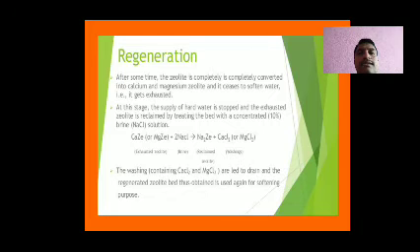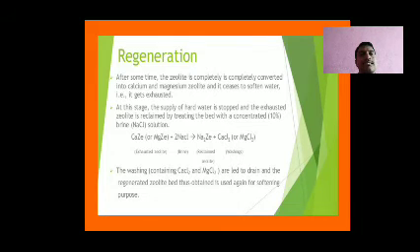Calcium zeolite and magnesium zeolite react with sodium chloride to form sodium zeolite plus calcium chloride. After some time, the zeolite is completely converted into calcium and magnesium zeolite and it ceases to soften water. That is, it gets exhausted.